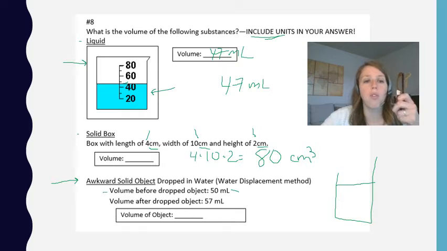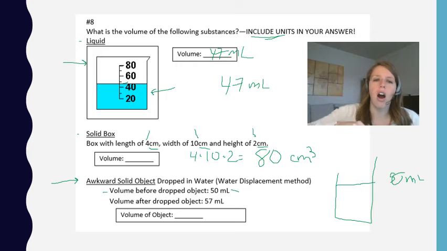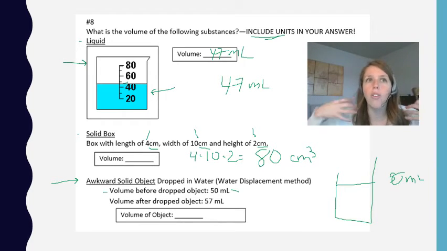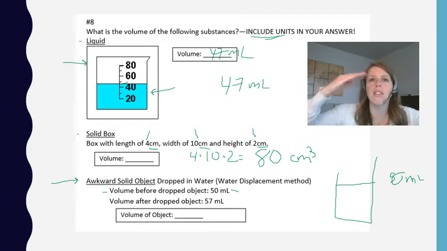So the volume of the water before I drop the object in is 50 milliliters, right? And then I drop it in, and after I drop it in, the water is going to go up, right? Just like when you get into the bathtub, the water goes up, because your volume displaces the water.